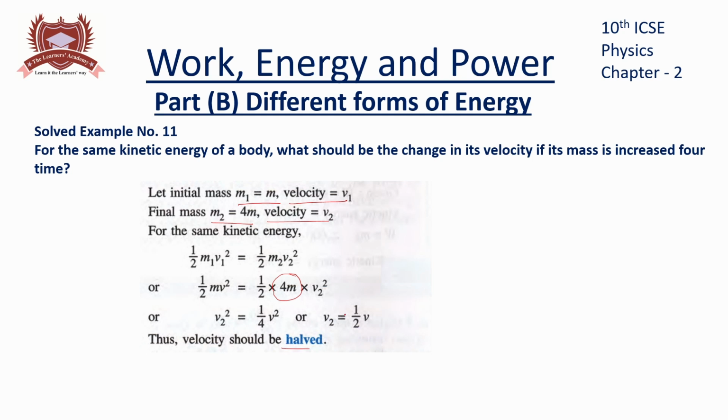So if we want to keep the kinetic energy the same, then the kinetic energy is directly proportional to the mass, and it is directly proportional to the square of the velocity. Since the kinetic energy remains the same, velocity would be halved. Quickly make a note of this so that we can go ahead with the next example.